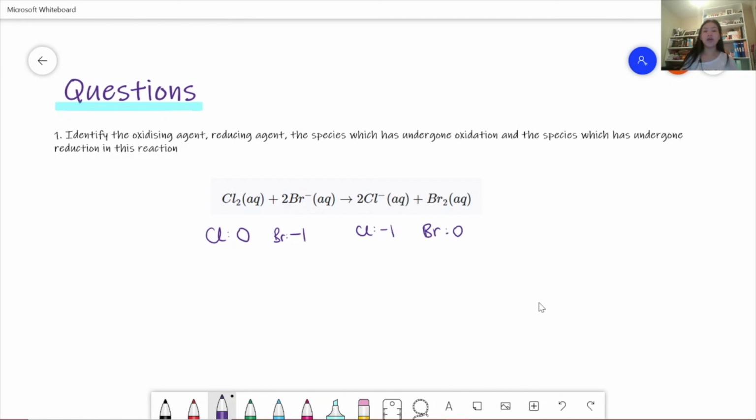And so oxidation means losing electrons. If you remember OIL RIG, that should help you remember about oxidation and reduction. This stands for oxidation is losing, reduction is gaining.